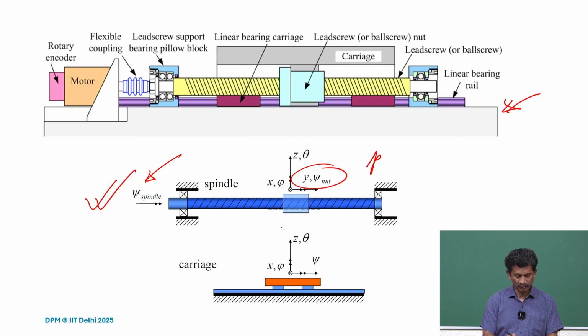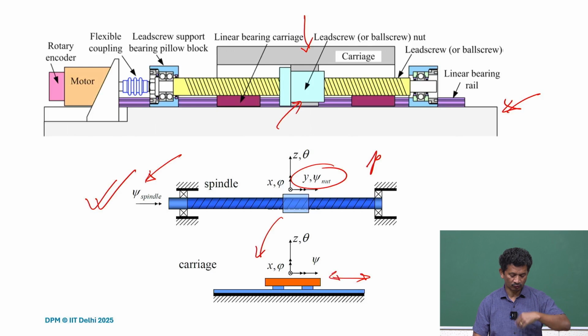What you have to do is constrain the motion of the nut, and that's why it's attached to a carriage. So you have the nut here and then the carriage here. The carriage can only move back and forth, so the rotation is constrained. Since the rotation is constrained because of the carriage, which is moving on the linear guide here, it can slide easily, but it constrains the rotation.